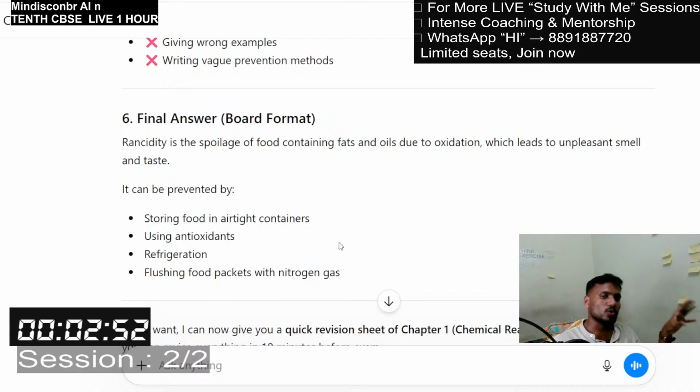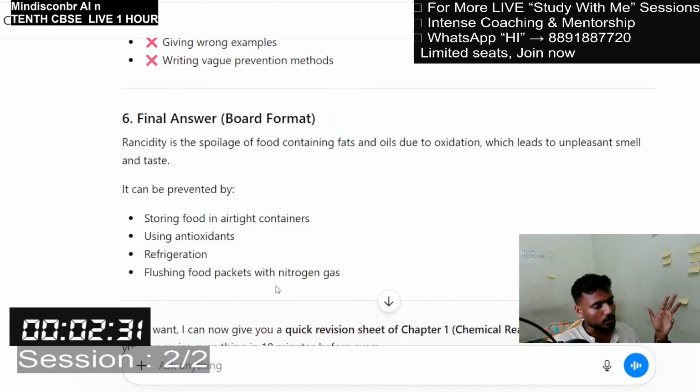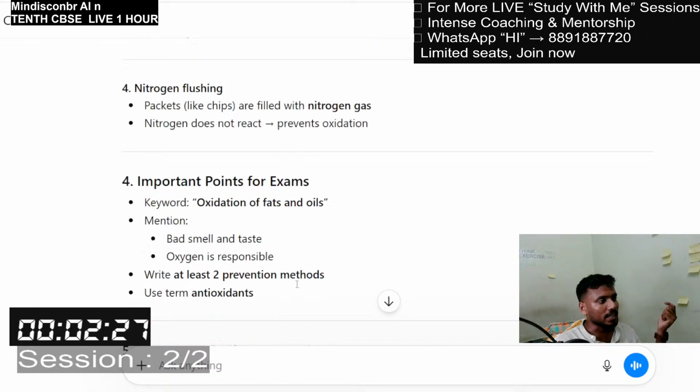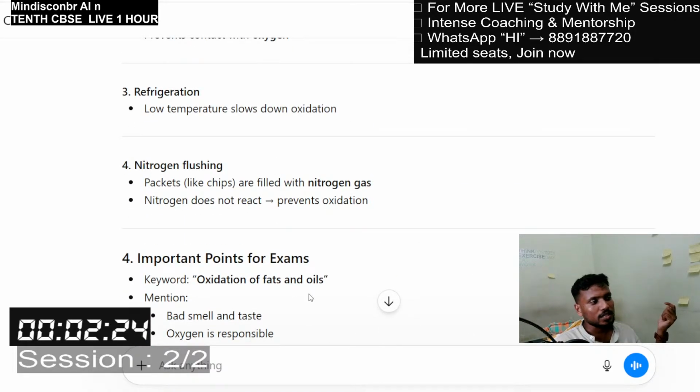Either you can store the food at low temperature, that is refrigeration, or pack food items rich in oils and fats in airtight containers, or use antioxidants, or flush the food packets with nitrogen gas, because nitrogen is inert and unreactive, so it prevents oxidation.